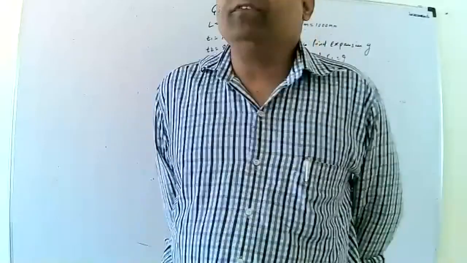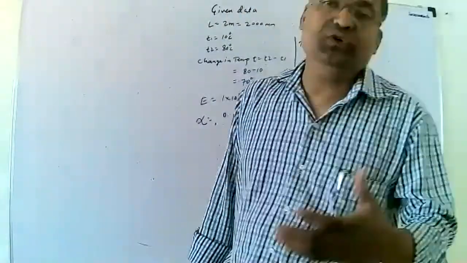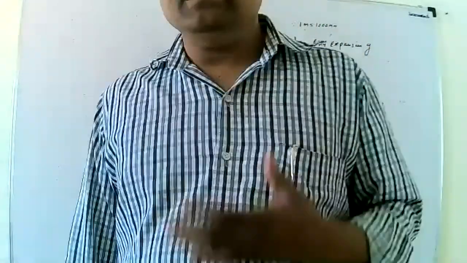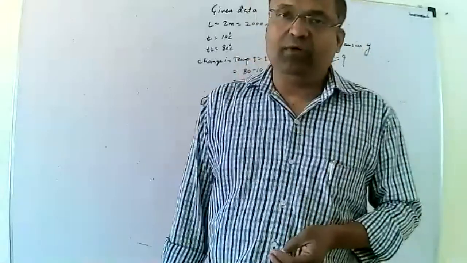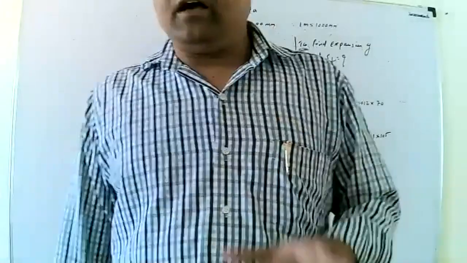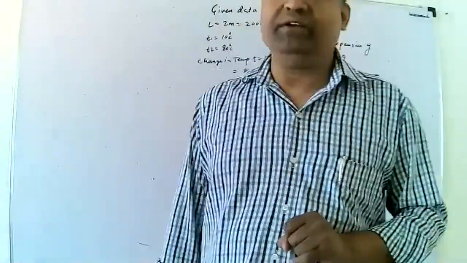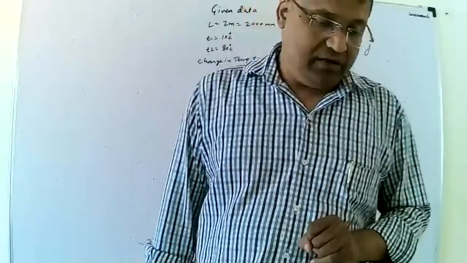Then, whatever information is provided in the problem, according to that information we decide which formula is applicable for calculating the unknown things in the problem. In this problem, the data provided is the length of the specimen, 15 meters, that is 15 into 10 raised to 3 mm.